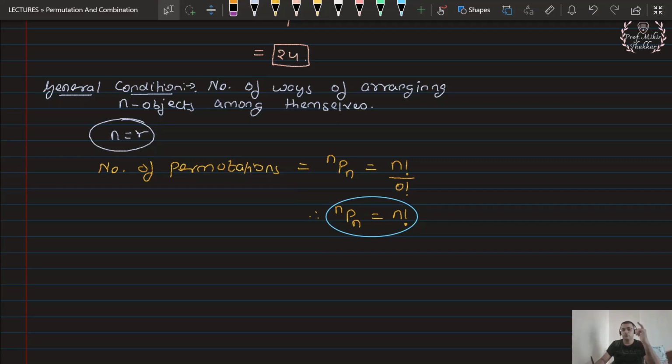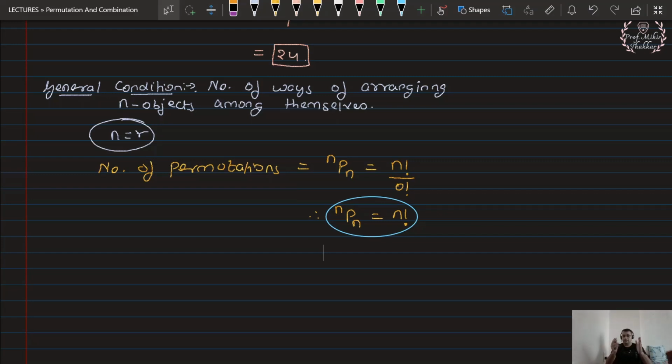I'll give you one more oral example for this. If the question tells you to find the number of ways of arranging 5 books of different subjects in a bookshelf, you are told that there are 5 books and you have to arrange them in a bookshelf. There is no condition given that you have to arrange 3 books or 2 books or 4 books. He is just telling that there are 5 books and just arrange them in the bookshelf.